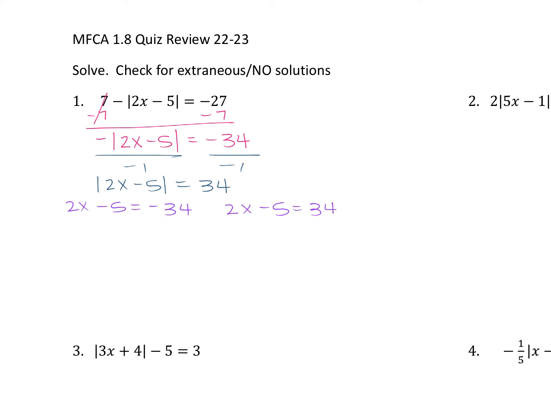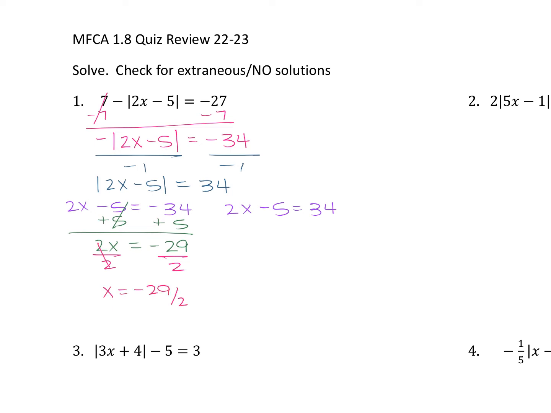So one stays the same, the other just changes the sign on the answer. From here, we are going to work with the one on the left first, add the 5 over. So that gives us 2x is equal to negative 29. We divide each side by the 2, and we have that x is equal to negative 29 over 2.